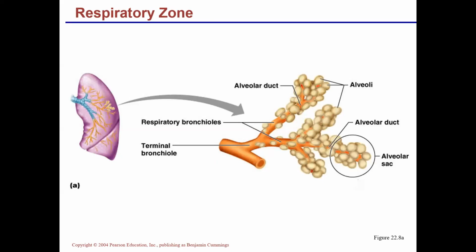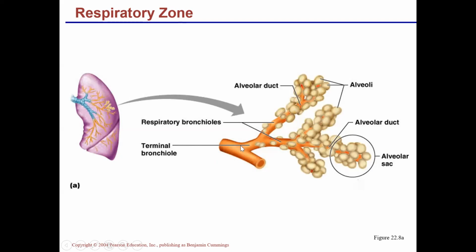Now if you look at the structure, we continue from the conducting zone, from the terminal bronchioles, and divide. And now this part of the structure is called the respiratory zone, because in this area, gas exchange can take place.